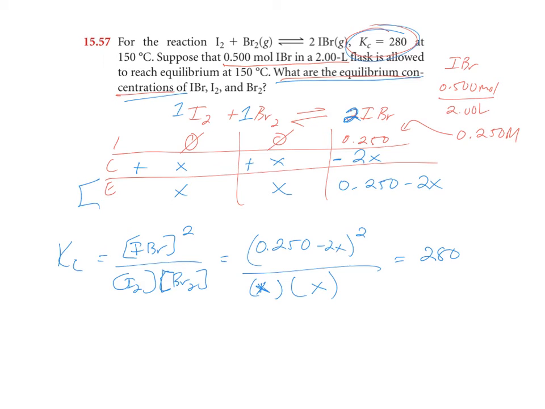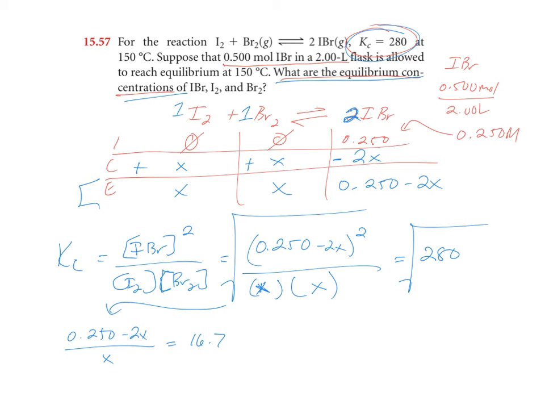In the numerator, I have a squared value. So if I take the square root of both sides, I just cancel out those squares. It's about 16.7.